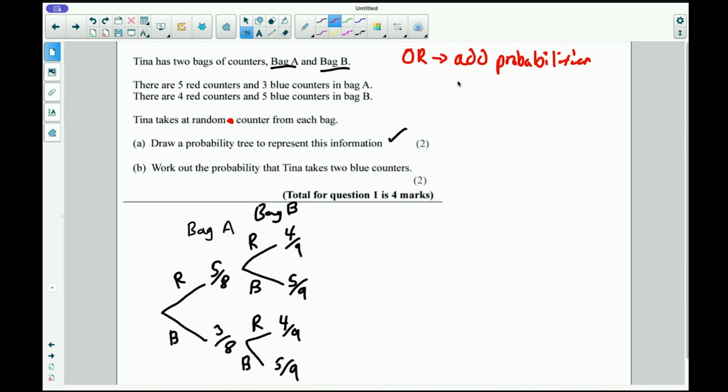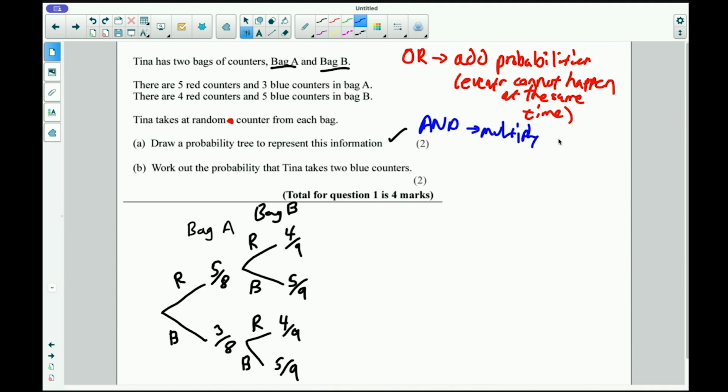Basically these events cannot happen at the same time. And then the other option, if we see the word and, you're going to multiply them. So we want to multiply the probabilities.